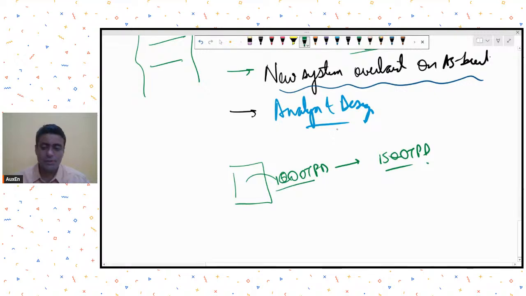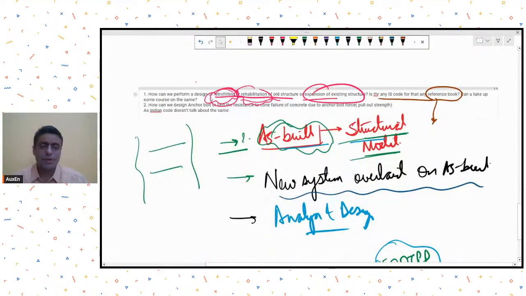And also there was a seismic upgradation of that location. Earlier the zone factors, when they had done it some 30-40 years ago, were different, and now the zone factors had changed. So we had to do a seismic upgradation also, and a capacity upgradation also. So yes, there are often these types of projects that you may get as a structural engineer. Retrofitting, restoration, rehabilitation, strengthening is an interesting area.